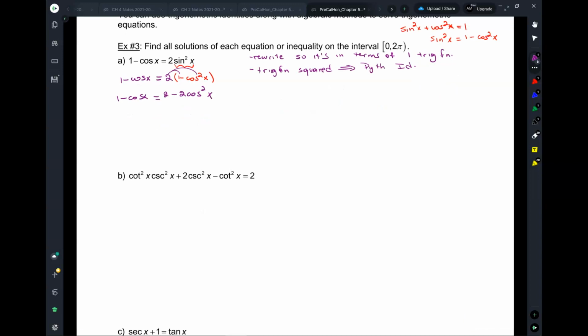Bring everything to the same side and solve. So, minus 2, and then plus 2 cosine squared x, plus 2 cosine squared x. So finally what I have is 2 cosine squared x minus cosine x minus 1 equal to 0.